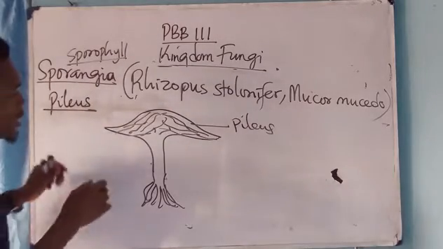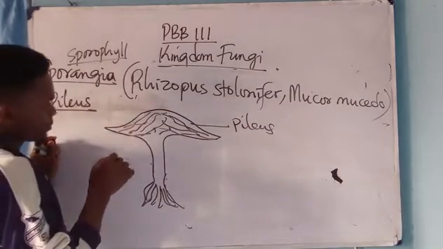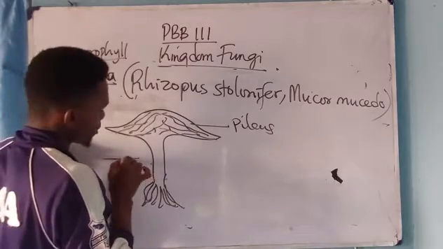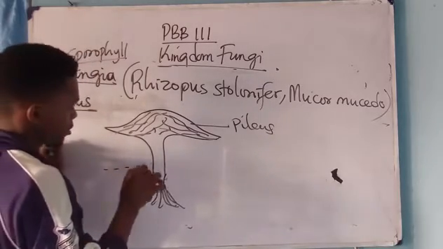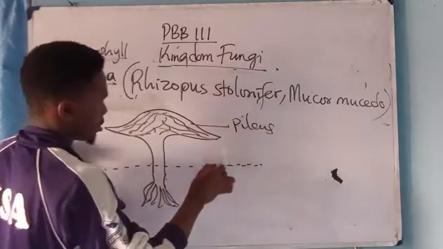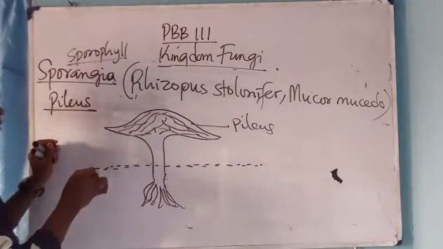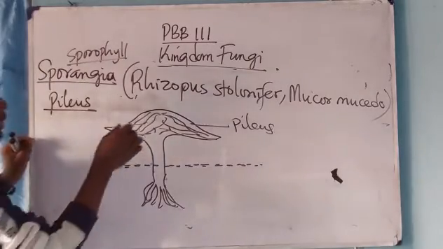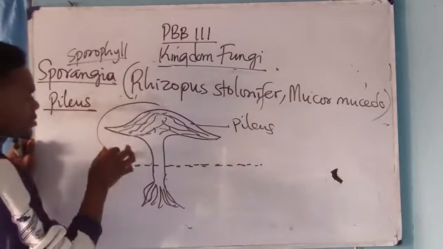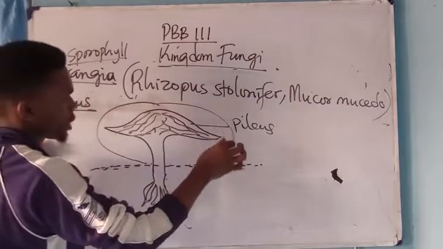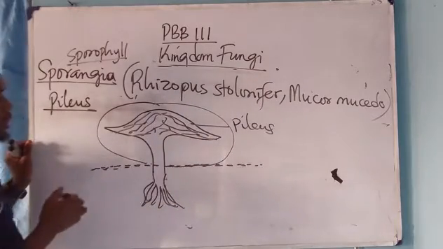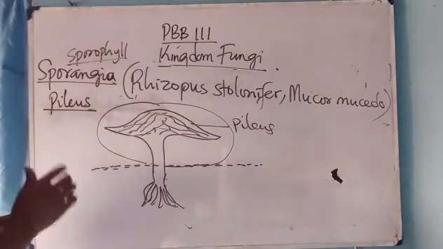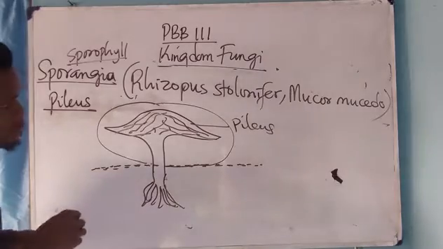Take note of that. Now this cap, let me assume here to be the soil level or the soil surface. Now these parts that grow above the mycelium. Okay, let me explain it better.